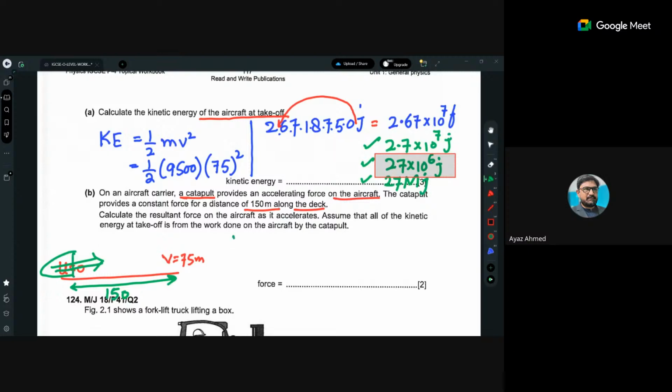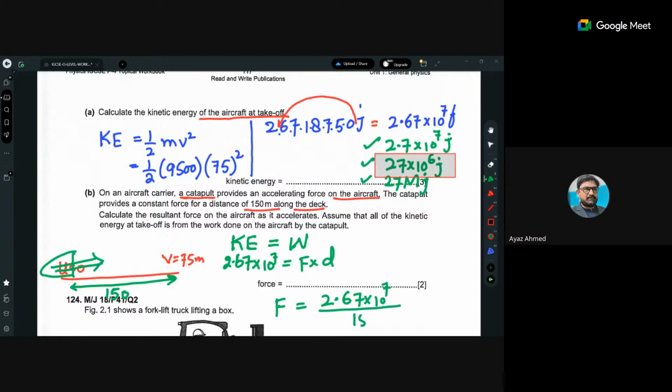So you will say that kinetic energy is equal to the work done by the catapult. The kinetic energy you have calculated, 2.67 times 10 raised to the power 7, is equal to F times d, and you are supposed to calculate the force. So the force will be your answer of kinetic energy divided by 150. It is better to use the answer from the calculator. Do not delete answers after calculations because they are used in further steps.